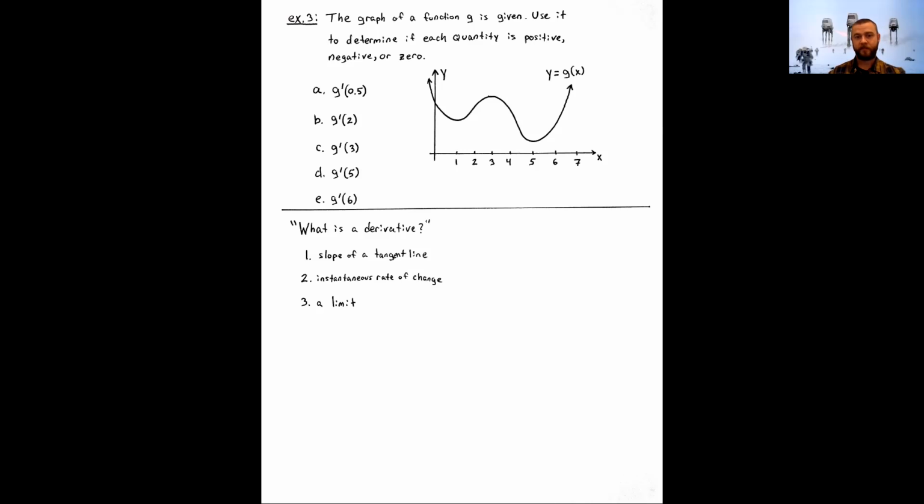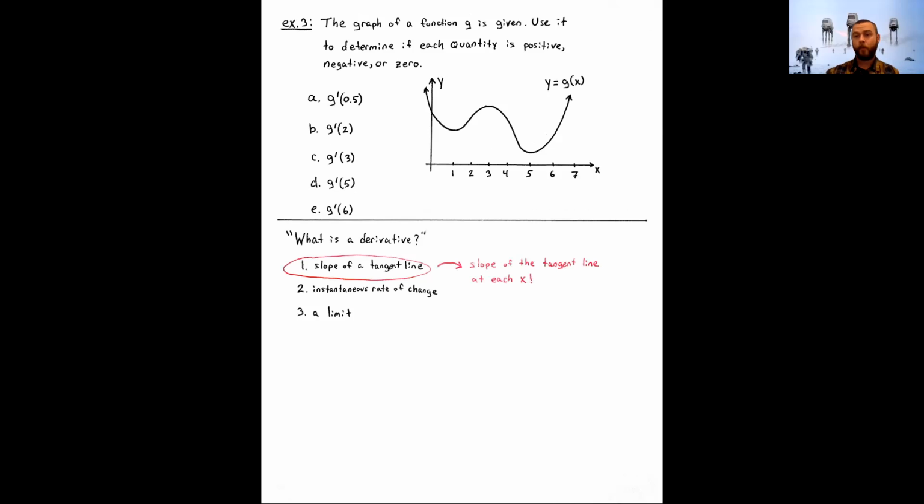Now for this question, since we're given the graph of a function, that's the clue or hint here, we probably want to think of a derivative with our first response. Think of a derivative as representing the slope of a tangent line.